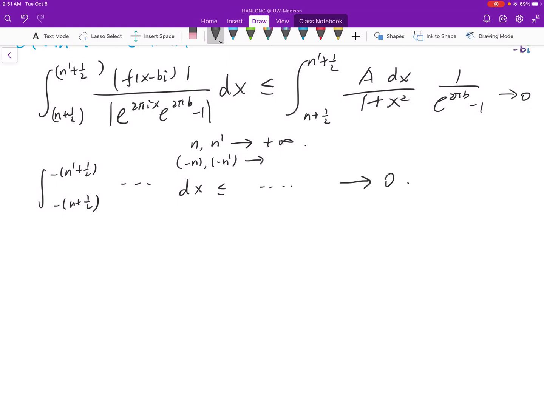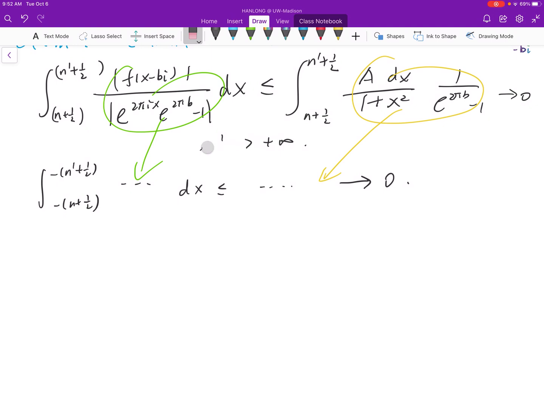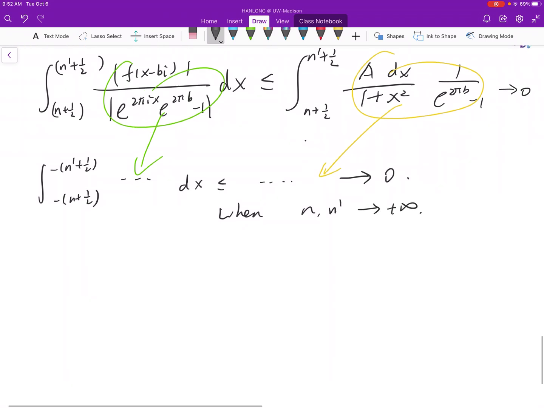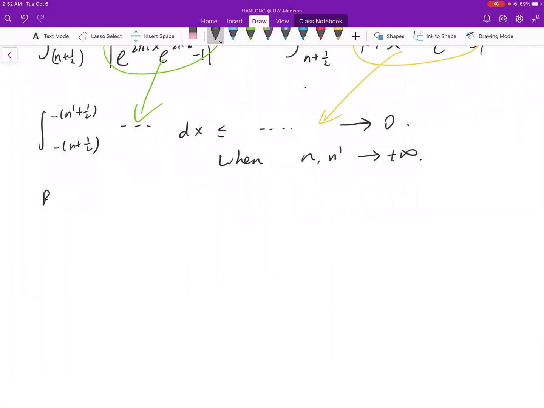It goes to 0 when n prime goes to infinity. Therefore, by Cauchy's criterion, the limit exists.